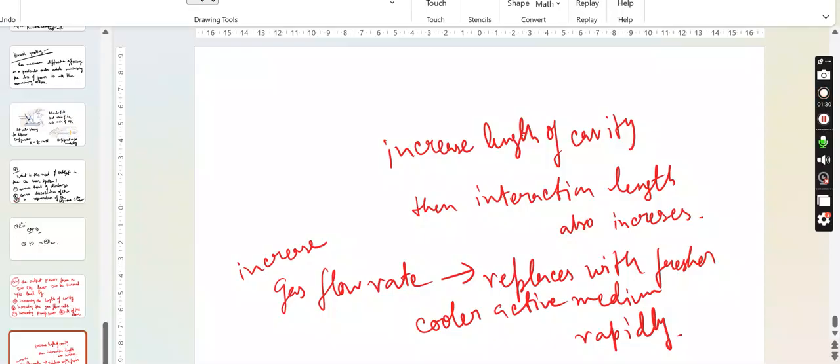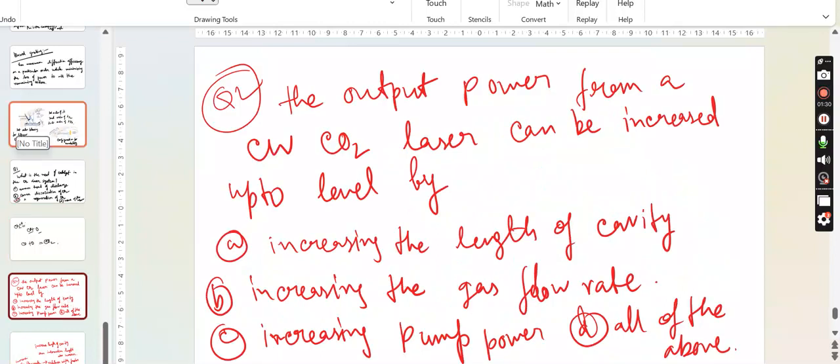And if we increase the pump power, obviously after electro-optic efficiency, it also will increase the output power. So all of the above is the right answer.